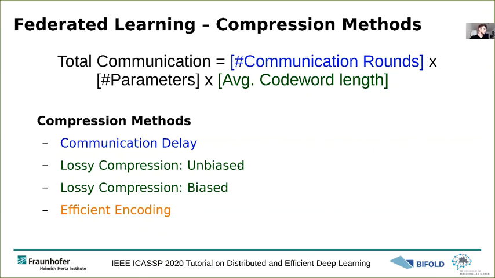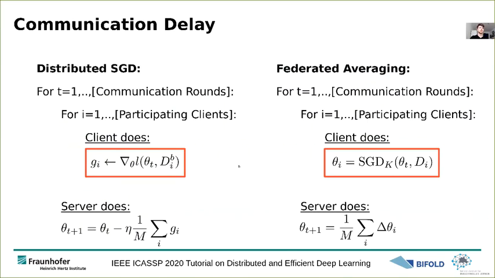So let's maybe first look at communication delay. This is the first time you see an algorithm. This is the simple distributed stochastic gradient descent, which would result in this huge amount of data traffic that I've just calculated for you. So here it would go as follows. We have a certain number of communication rounds. In every communication round, we iterate over all participating clients.